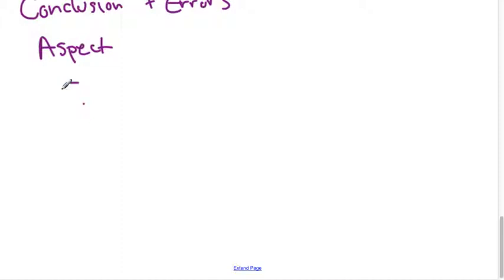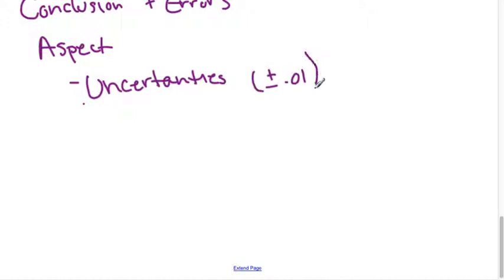So the very first thing you want to do is uncertainties. If I had plus or minus 0.01 as an uncertainty, and the difference between my light and dark was plus or minus 0.01 or plus or minus 0.02, well, then I didn't have any difference at all. So you want to look at your measurement uncertainties first.